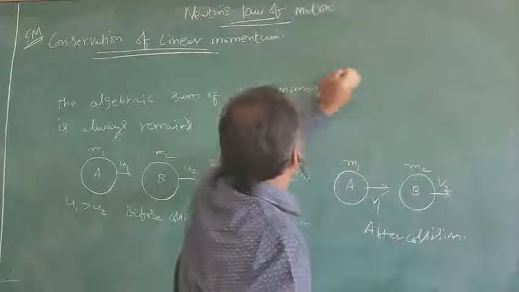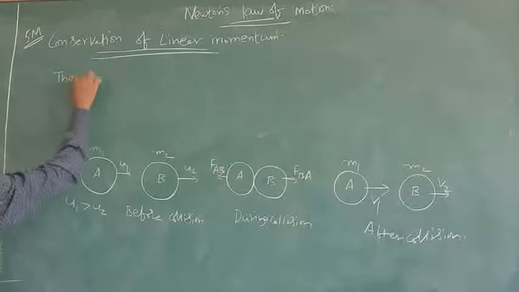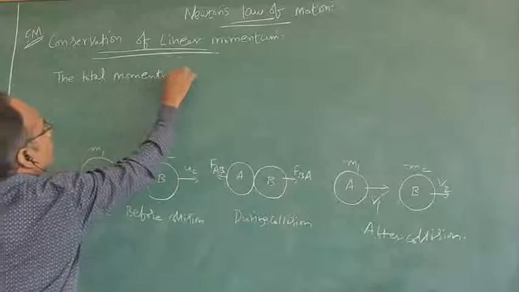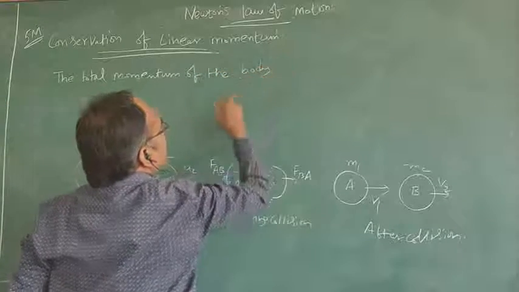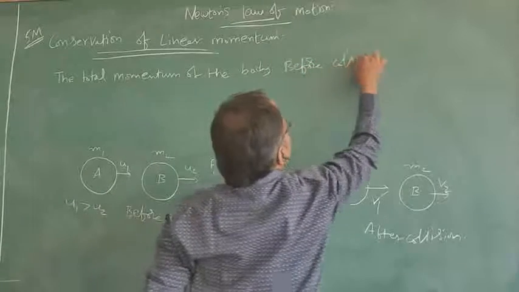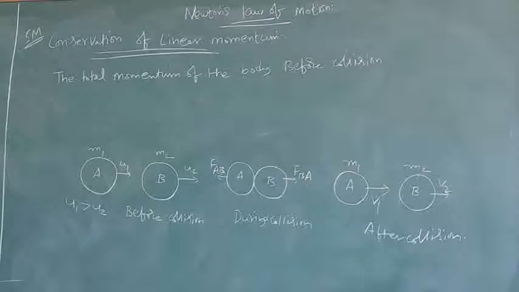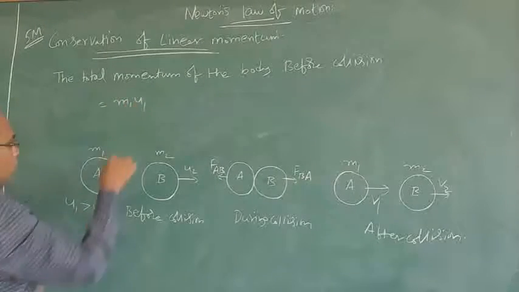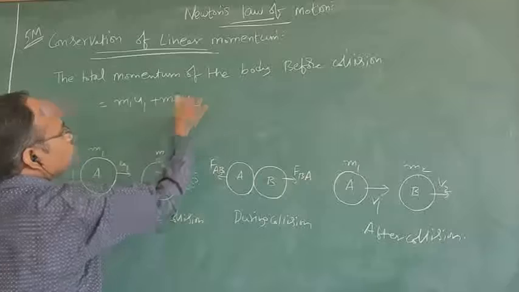Now, the total momentum of the body before collision, what is the value? Total momentum of the body before collision is given by m1 u1 plus m2 u2.